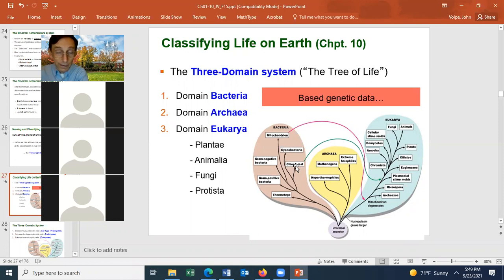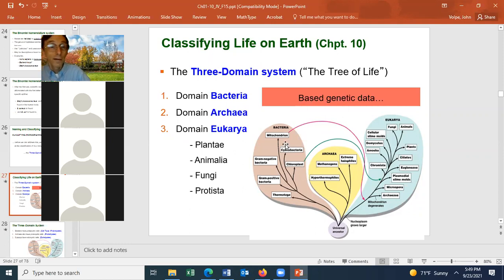So we can sequence an unknown organism and then determine its DNA sequence and then compare that sequence to other organisms. And the domain will be the organisms that are most similar to that organism, meaning the most similar in their sequence of DNA. So the domain system is defined, and it's based on the genetic data, the sequence of the DNA in that organism.